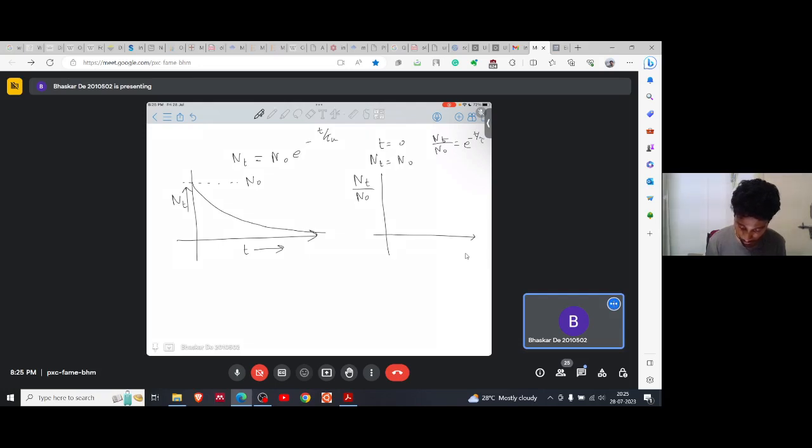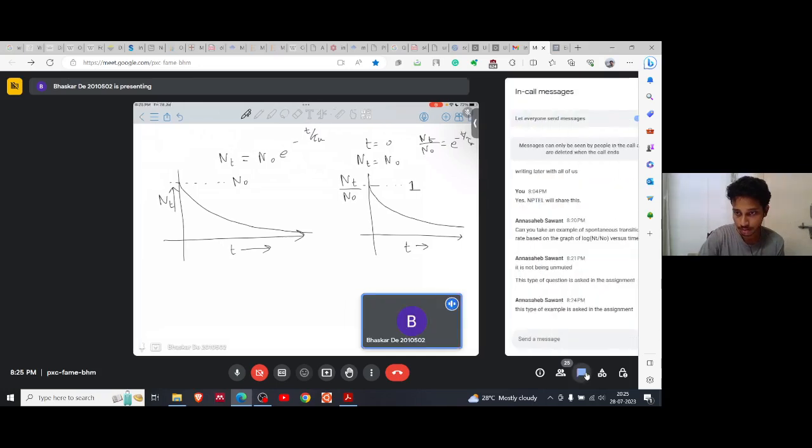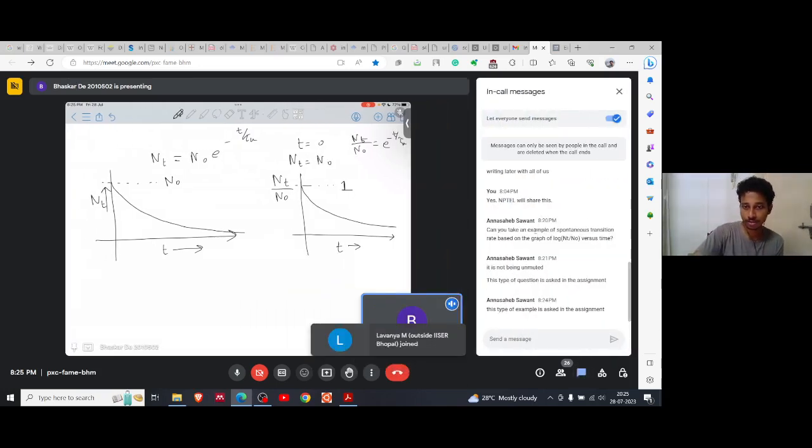So this will again have an exponential kind of curve, but the change is that it will start at exactly 1, because if you put t equal to 0 here, it gives nt by n naught equal to 1, because nt equals n naught there. Now coming to your question, that is the graph of log nt by n naught.